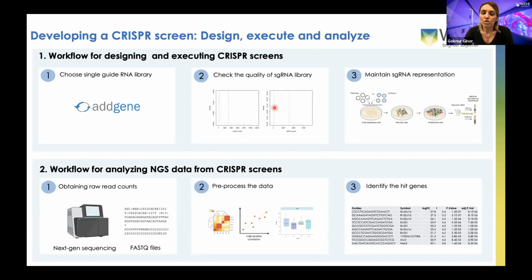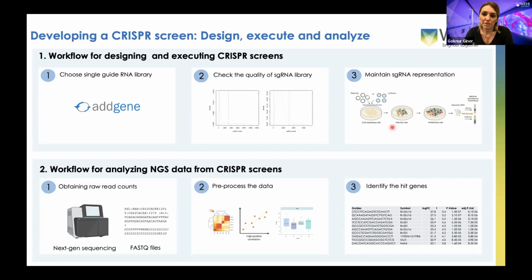And secondly, you want to check if the quality of these guide RNAs is okay. To do that, you just sequence them and you want to see a normal distribution, so they're all randomly expressed. And the last step is designing your experiments to maintain single guide RNA representation. You will have a certain amount of viruses and a certain amount of cells, and you want just one guide, which means one virus targeting each cell.